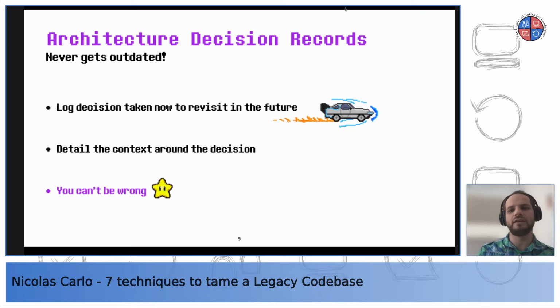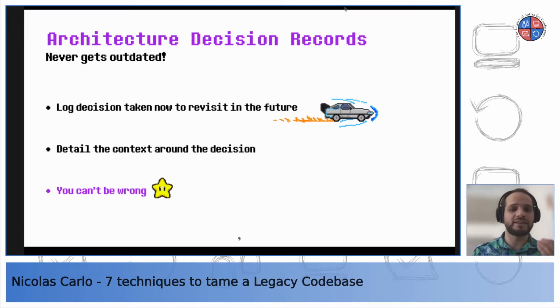No, what you do here is you capture a bit more context when you take decisions, when you change the code. You take decisions every single time, but we usually lack the context that was behind the decision that was taken a year ago by someone else, or maybe by yourself, but you forget why you did that in the first place. This is why you would write ADRs.